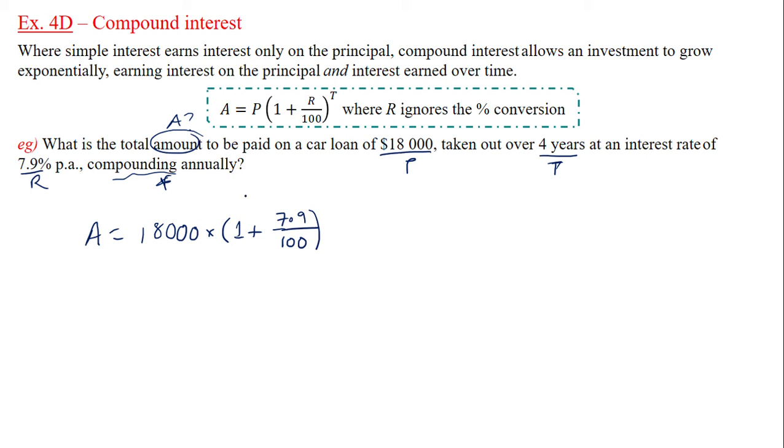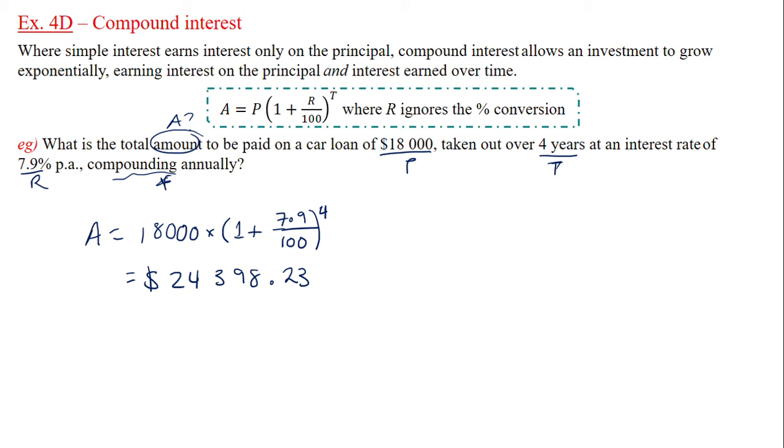Close your brackets and then to the power of 4. When I put that into my calculator, and I'm literally going to do that now, so give me half a second, I get this answer here. 24,398 and 23 cents to 2 decimal places, which is a lot of money to be paying on a loan.